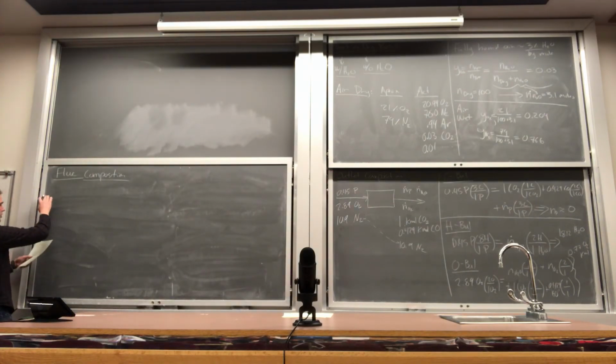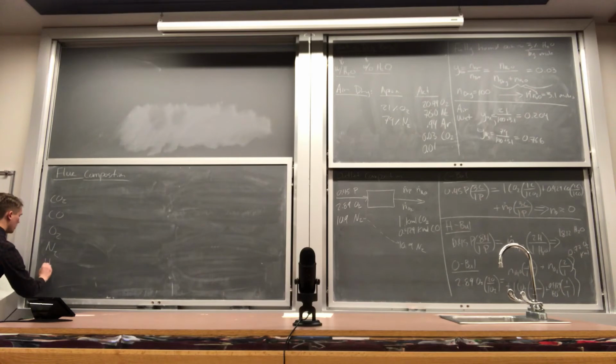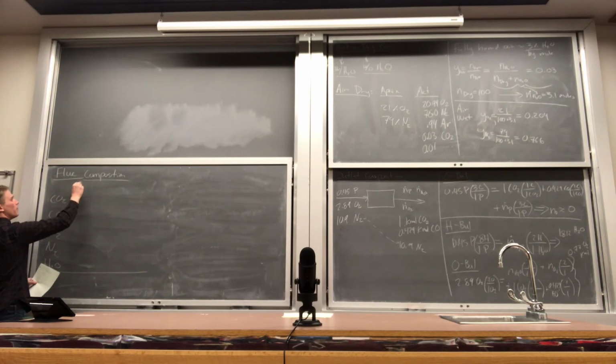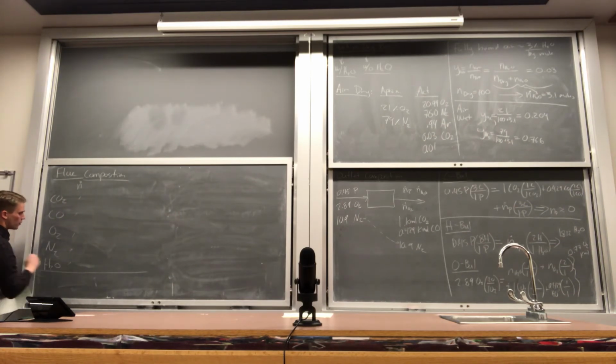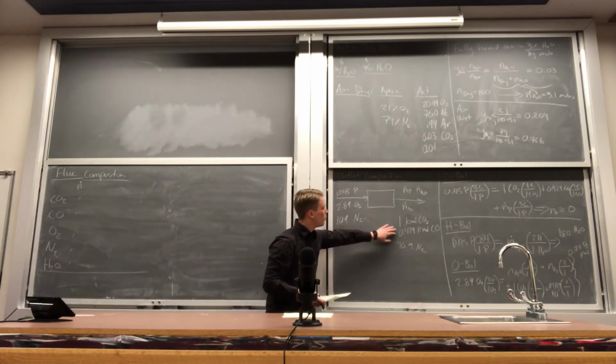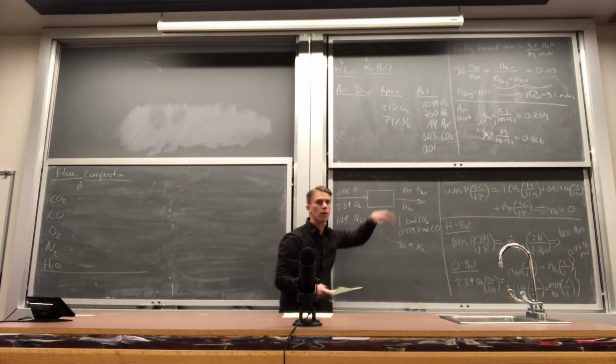So what I typically do is I write down all of my species, CO2, CO, O2, N2, and then at the very bottom here, I put water. Now the reason why I do that is that when I have my flow rates, I can fill in the numbers for all the flow rates just based on what we calculated here, right? 1 CO2, 0.4 CO, 10 nitrogen, so on and so forth.